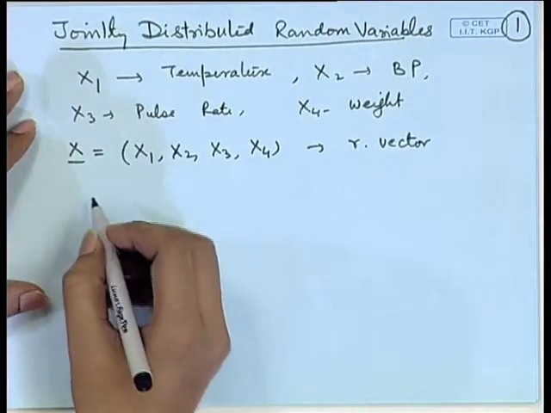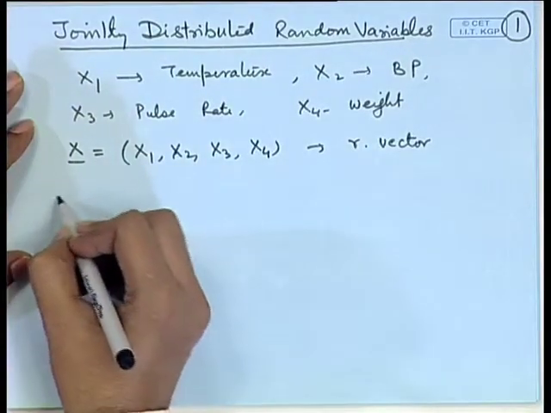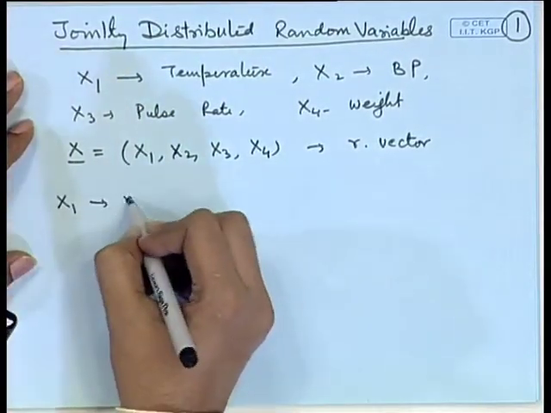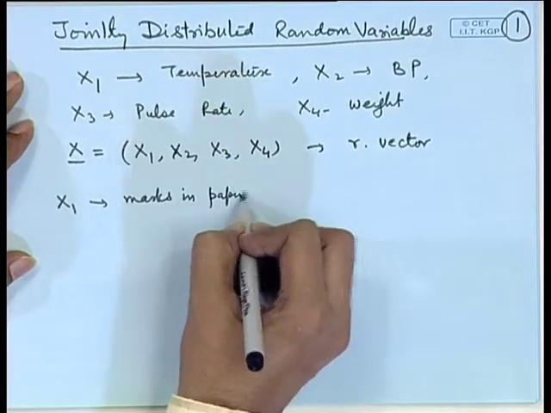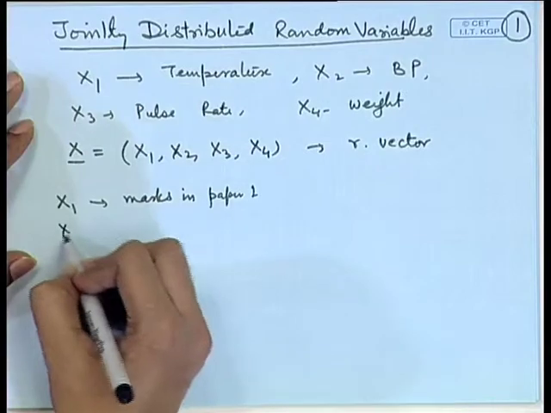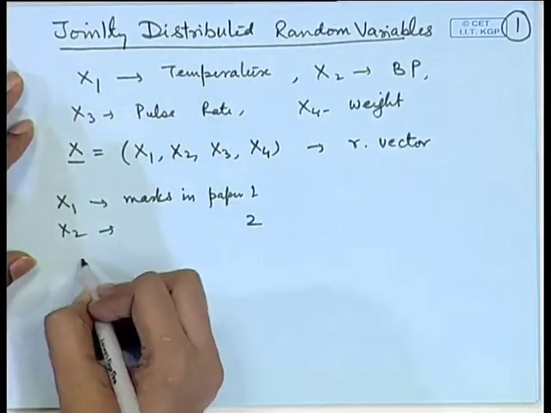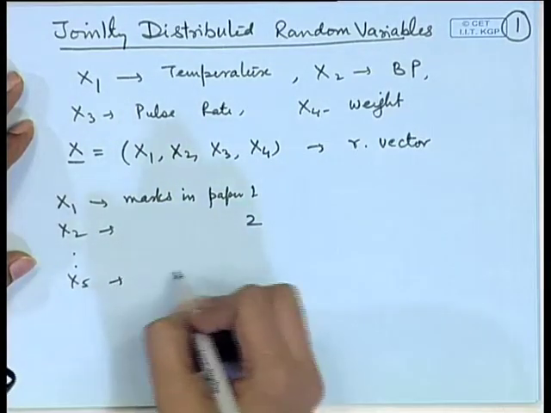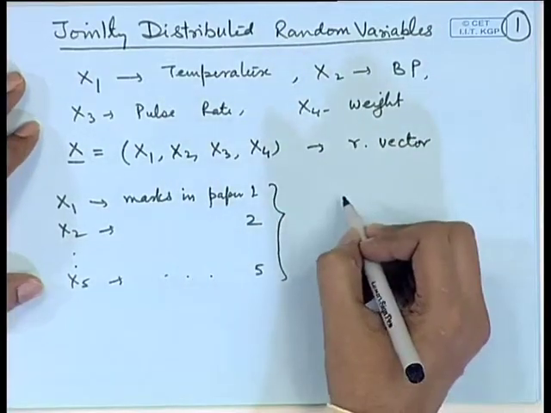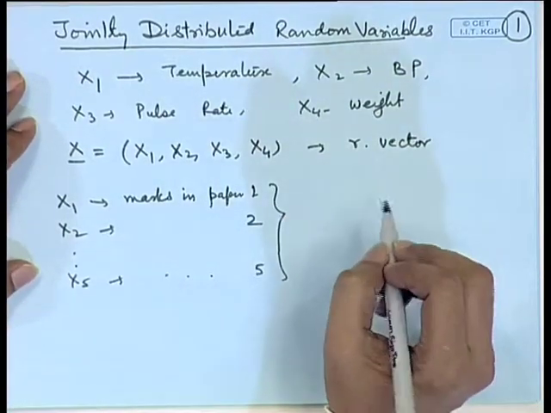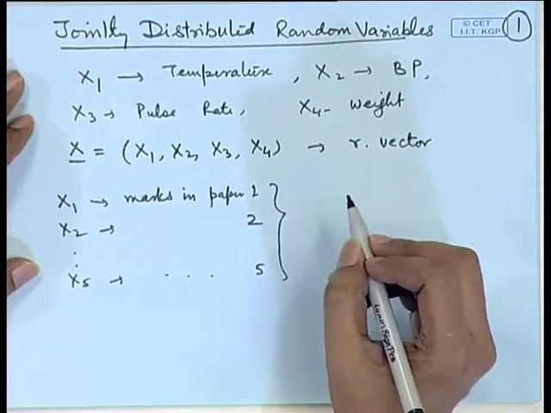We may be looking at, say, x 1 as marks in paper 1, x 2 as marks in paper 2, say x 5 marks in paper 5. So, students are studying 5 subjects in a particular semester, and each of them will get different marks in different test papers.